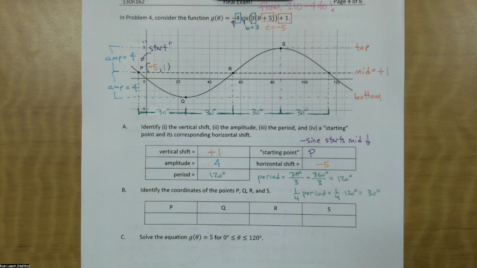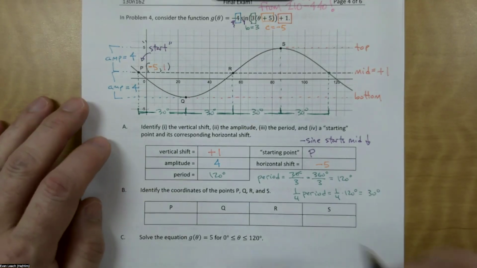So if we start off at -5, -5 plus 30 will put us at 25.